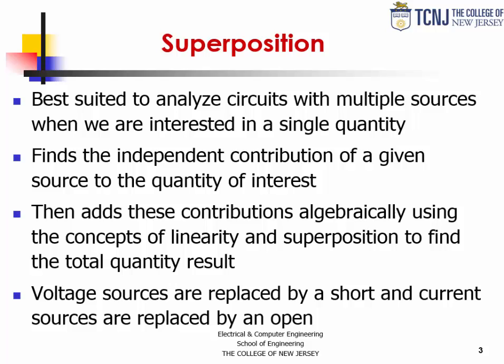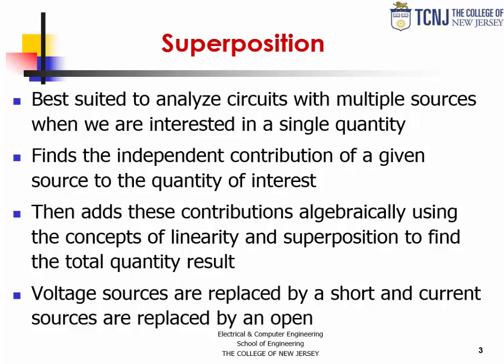And after I do that, I can just add those partial contributions algebraically, and that becomes the total quantity that I am interested in. And this works because these are linear circuits. So the partial contribution of each source will add linearly.